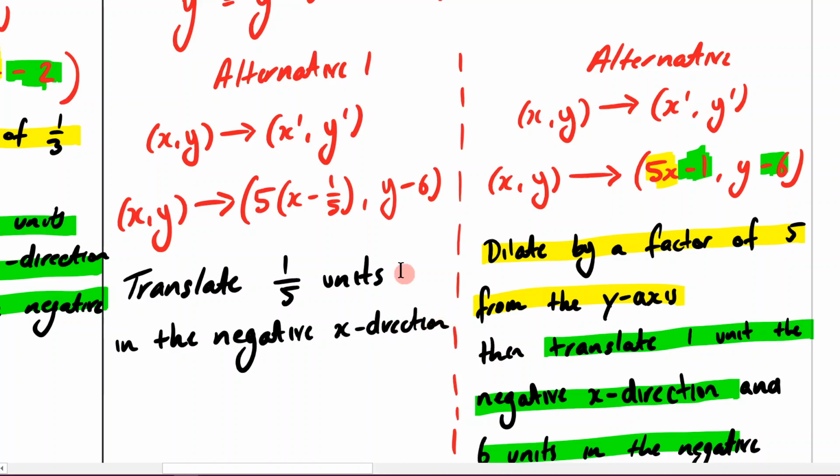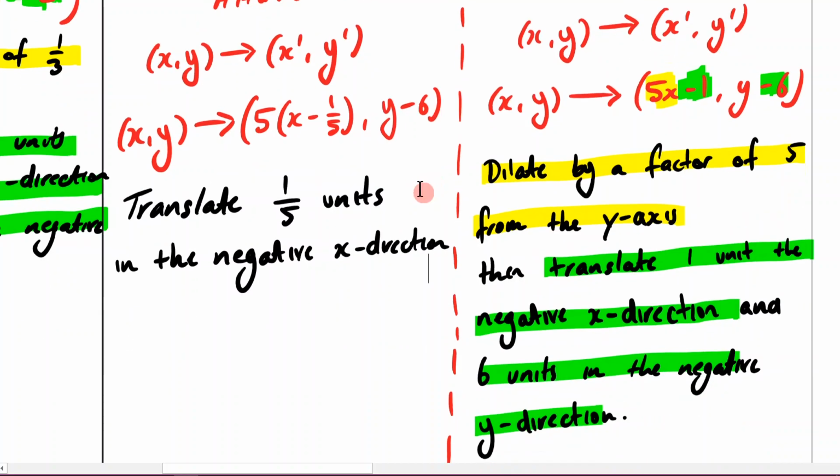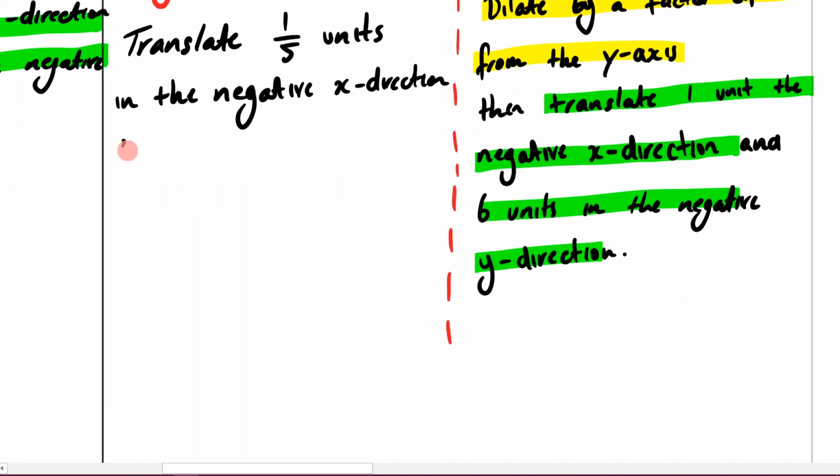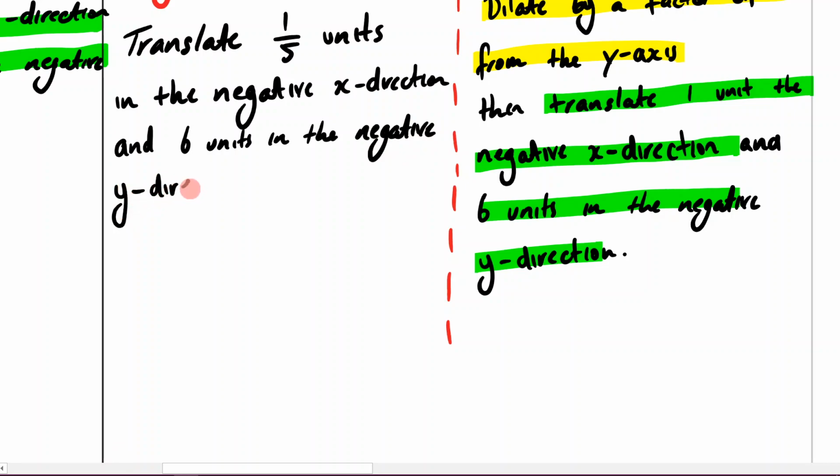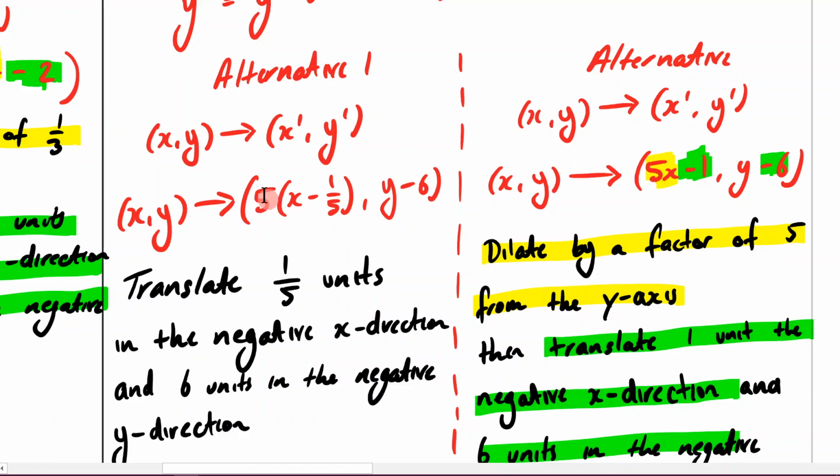And then remember, read off all your translations at once, and then 6 units in the negative y direction. Then, after we've done that, we then dilate by a factor of 5 from the y-axis.